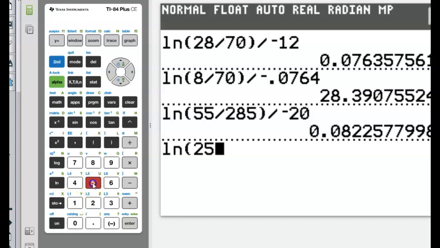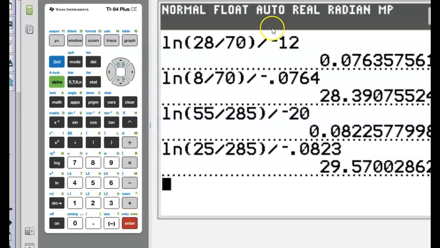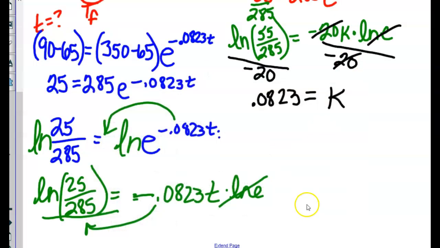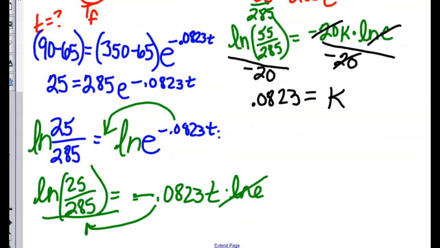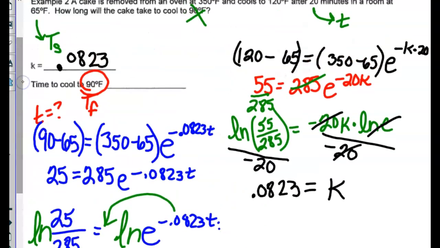All right, was it 25 divided by 285? I already forgot. Okay, and then divided by negative 0.0823, right? So we get 29.6. So 29.6 minutes until we can frost it or whatever.